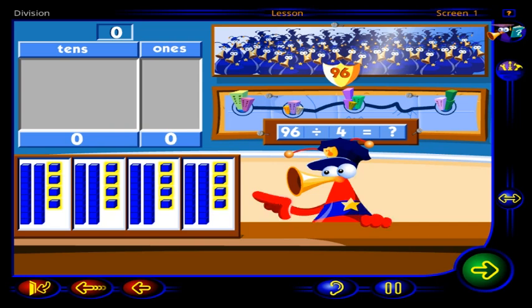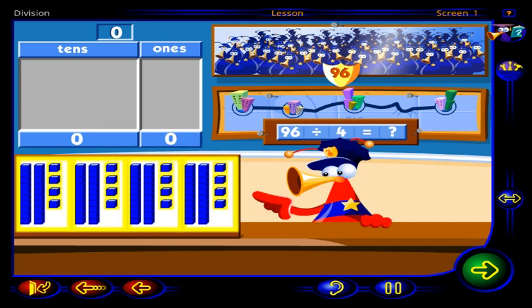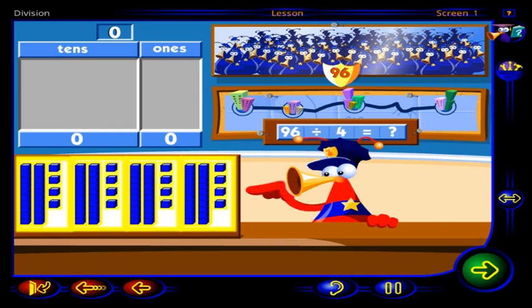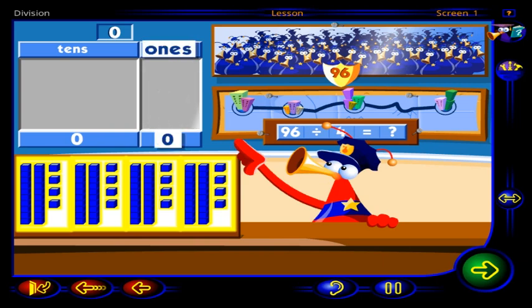That's it. 4 is the greatest number of ones you can put in each group. Now there are 2 10s and 4 ones in each group, and there are no 1s or 10s left over.